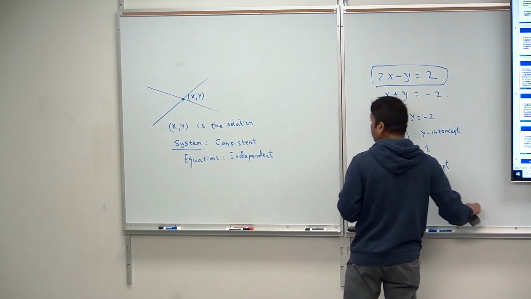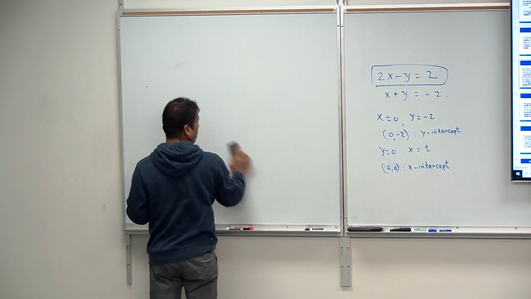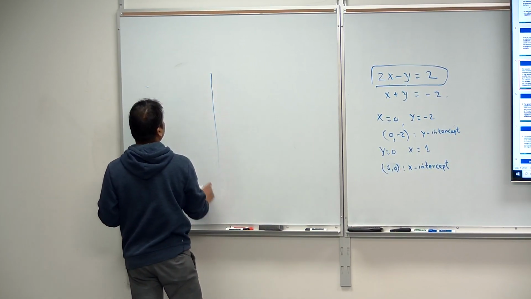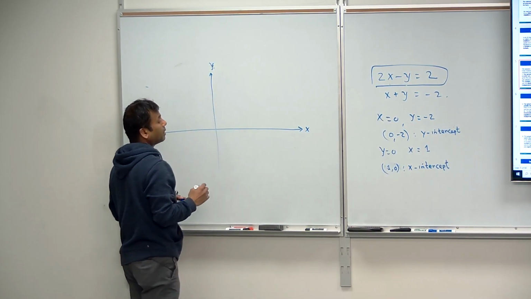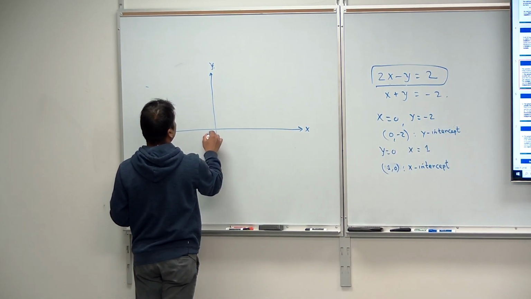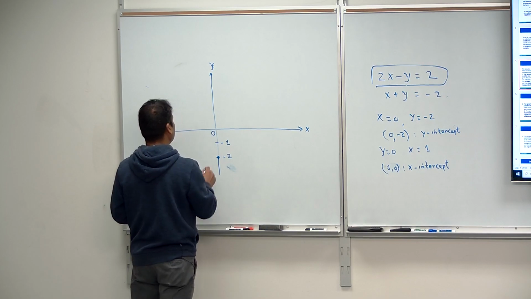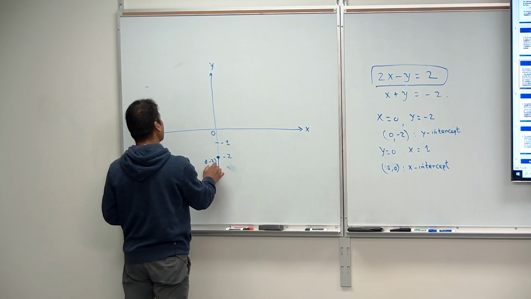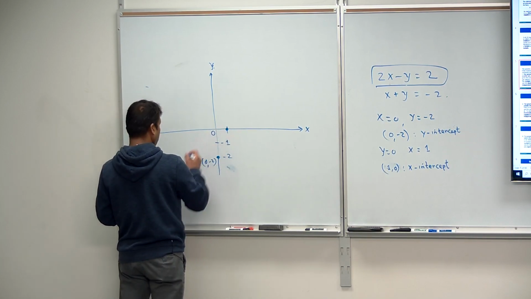So if you draw the graph, this is your x-axis, this is your y-axis, and you have a point 0, -2, right here, and then another point 1, 0, right here.